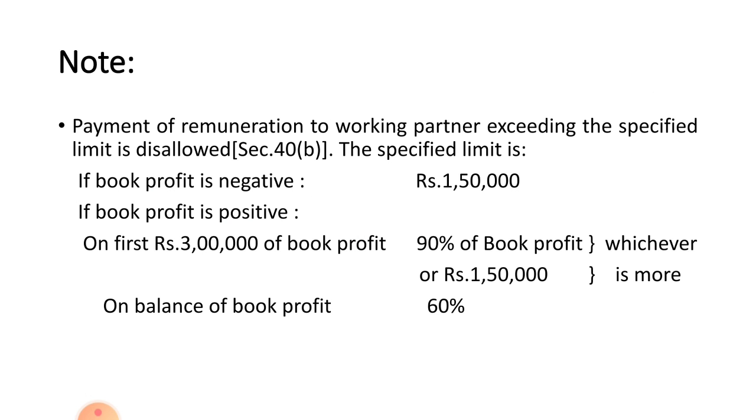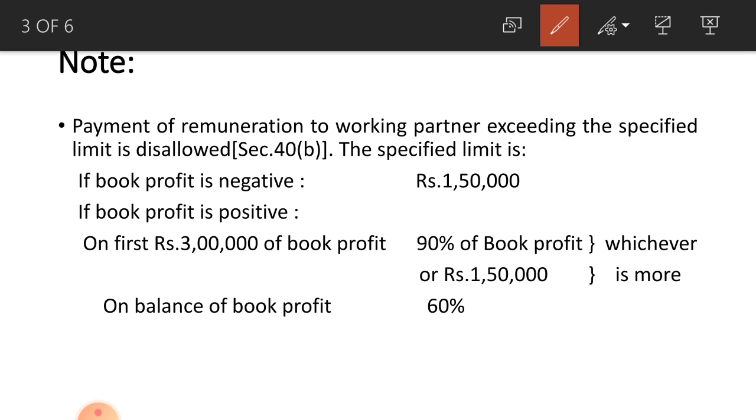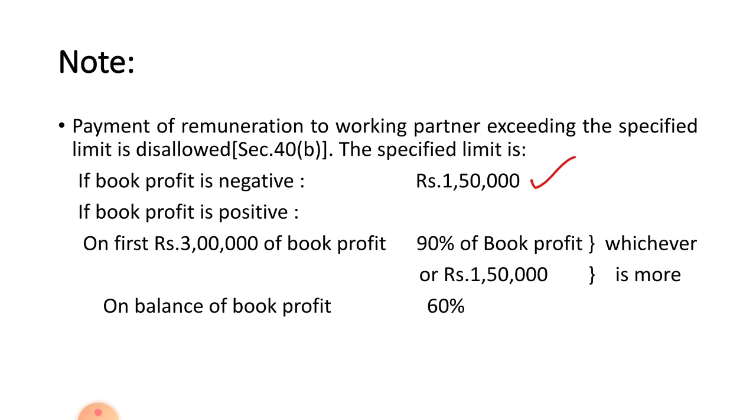See the note first. As I explained, for payment of remuneration, if the book profit is negative, up to 1,50,000 they can consider. If the book profit is positive, on the first 3 lakh of book profit, 90% of book profit or 1,50,000, whichever is more, is to be taken into consideration, and on the balance of book profit, 60% they have to consider.